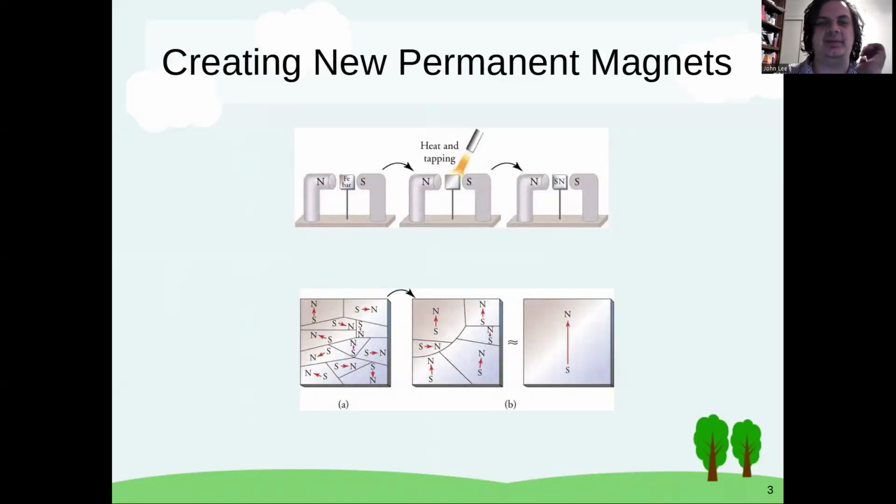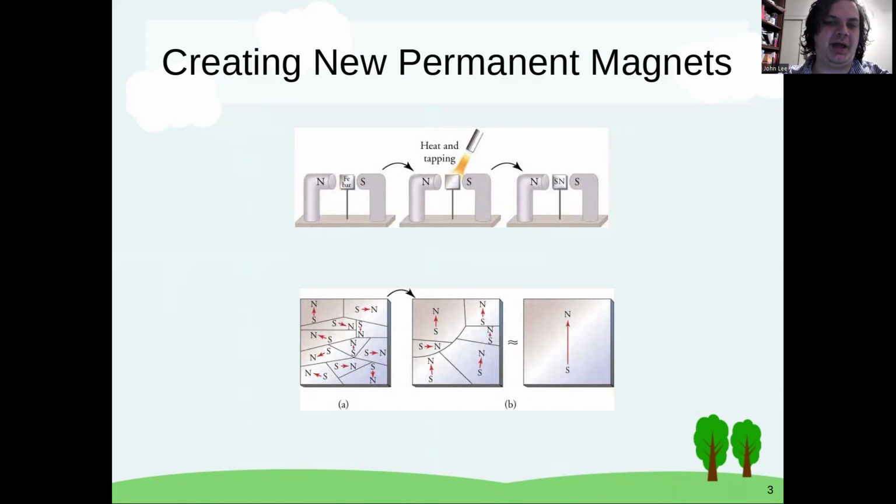Each of them is going to act in this north-south way that you see compasses act, or the Earth's magnetic field act.